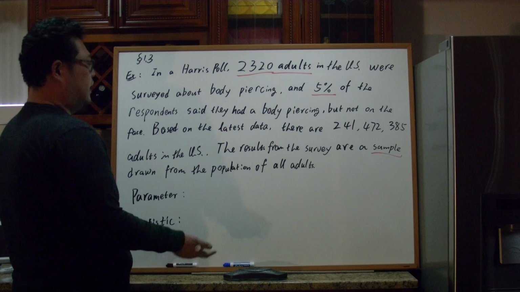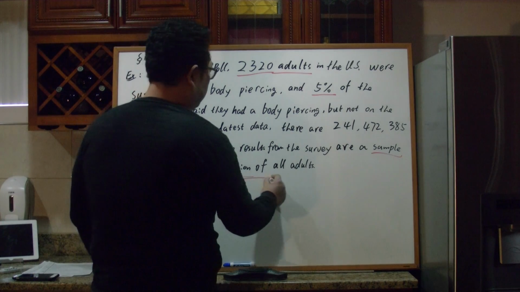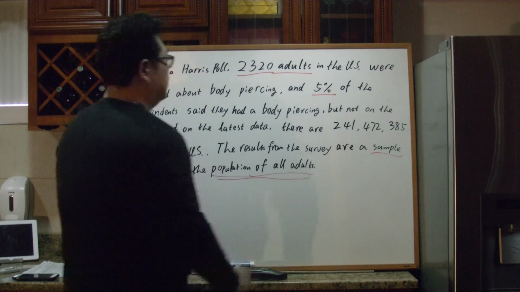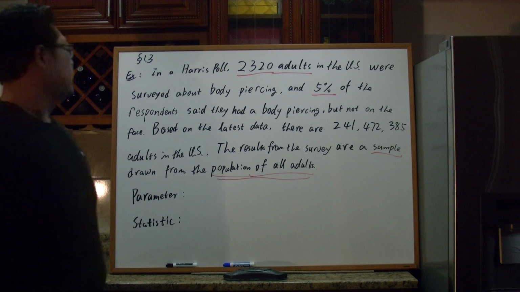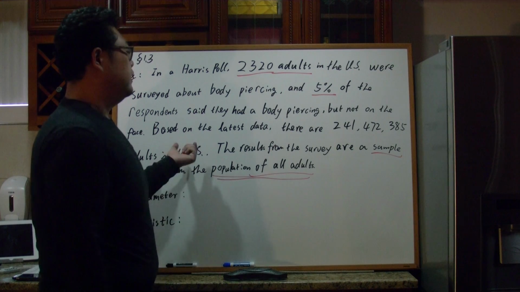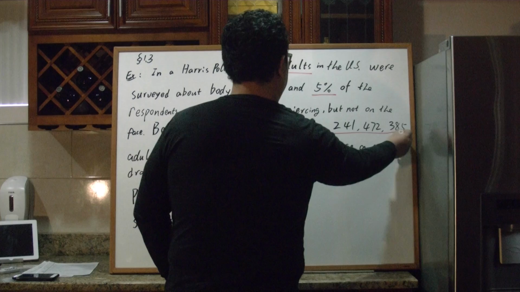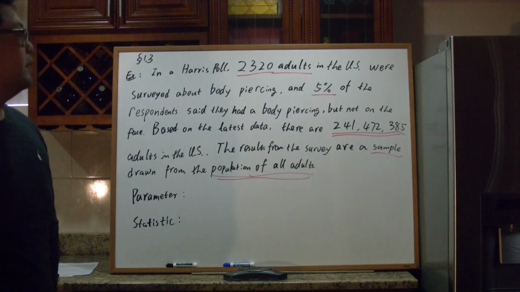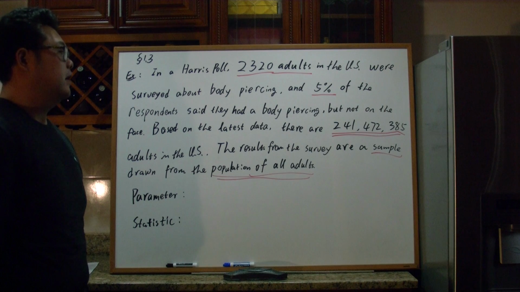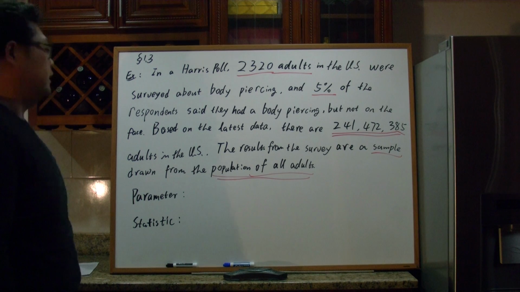So the last sentence also tells us that the population will be all adults in the United States. The second sentence tells us how many adults there are. The latest data says there are 241,472,385 adults in the United States.